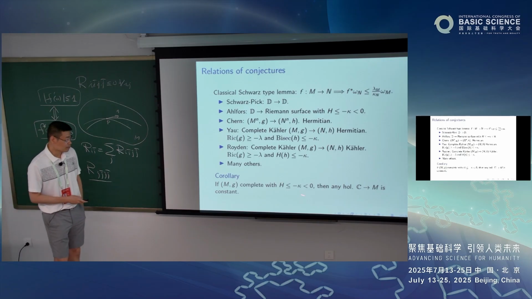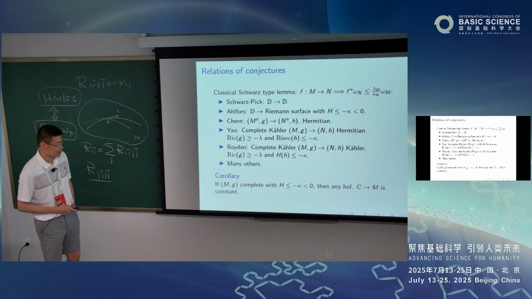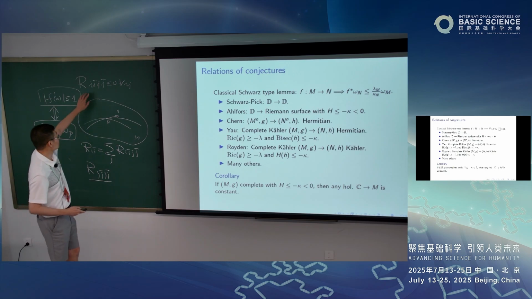Then by Yau's Schwarz lemma, if you have a complete... actually in this case you can do Hermitian. Then any M is Hermitian will be fine because it's the one-dimensional case. Bisectional curvature is just i equal to j.